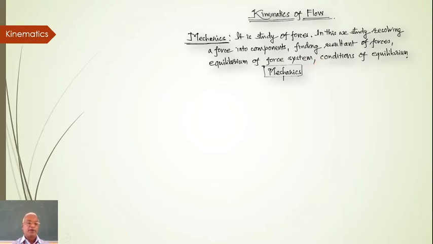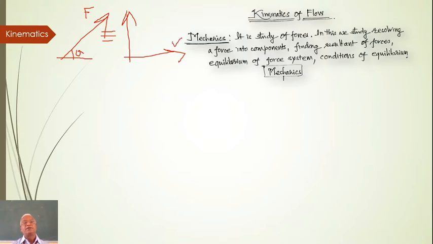Hope you remember all those things, like given a force, its resolution into vertical and horizontal components. That is, if you know the force as F, and then the inclination with one of the components is theta, then we say that this is F cos theta, and that will be F sin theta. That is resolution.